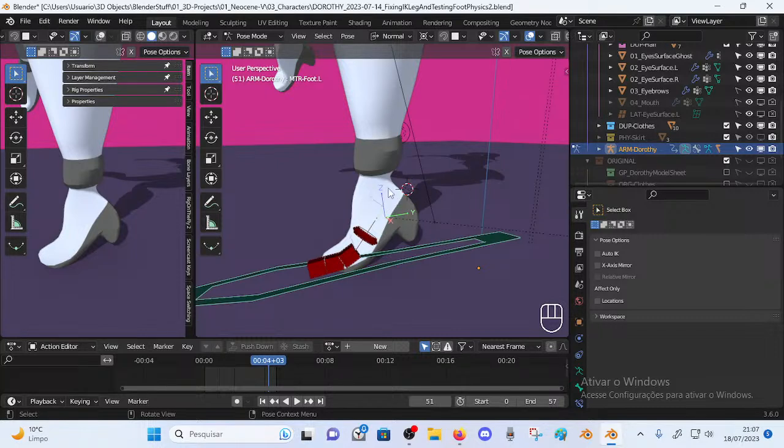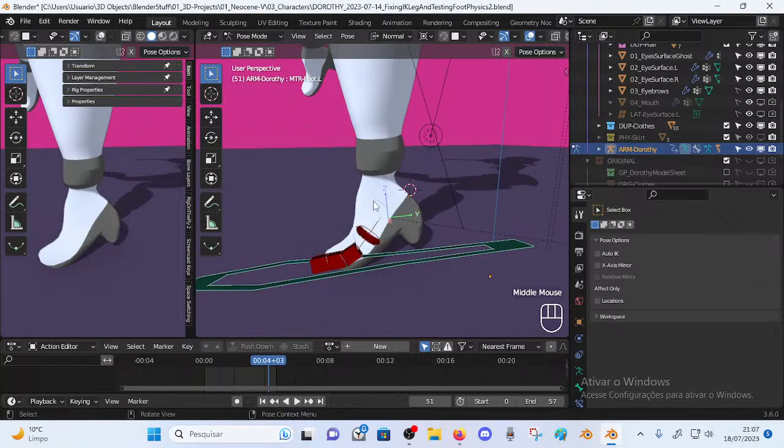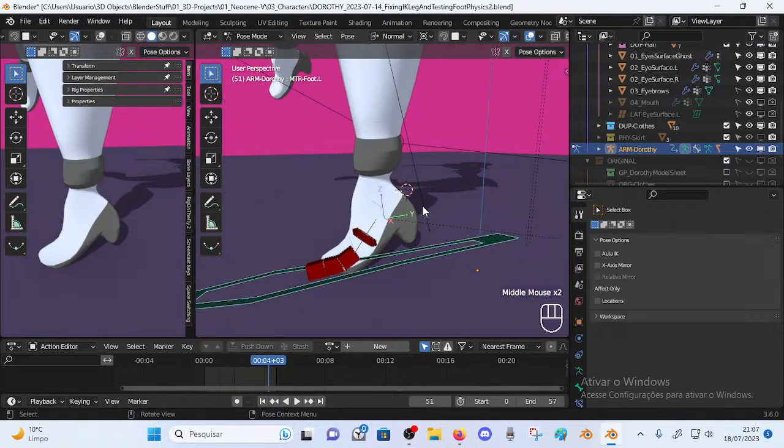I thought, well, maybe I just keep the heel roll bone, right? And then, of course, just remember, I respect and I'm very grateful for the people that made tutorials and developed those advanced foot rigs. I think it's very cool.